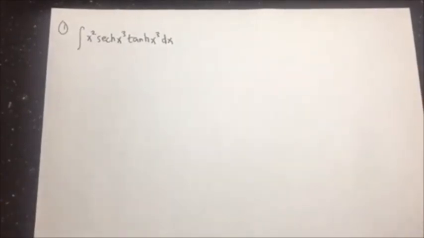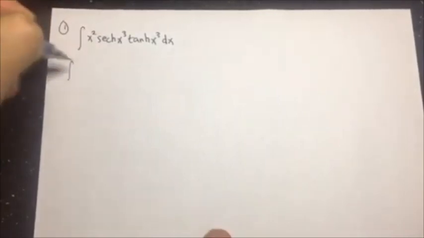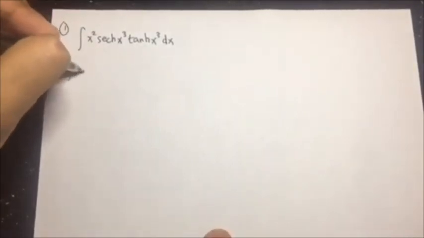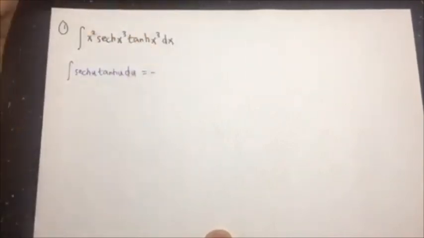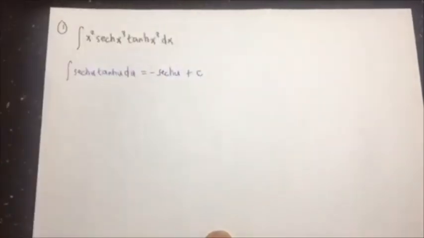Specifically, the integral of hyperbolic secant of u hyperbolic tangent of u du is equal to negative hyperbolic secant of u plus c.